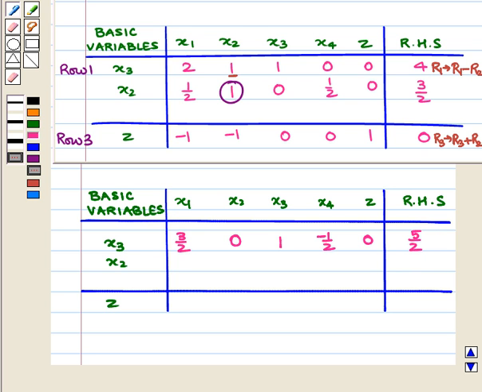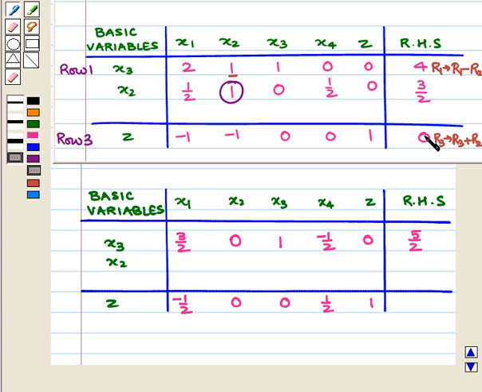In the third row, we have minus 1 plus half equal to minus 1 by 2. Minus 1 plus 1 equal to 0. 0 plus 0 equal to 0. 0 plus half is equal to 1 by 2. 1 plus 0 is equal to 1.